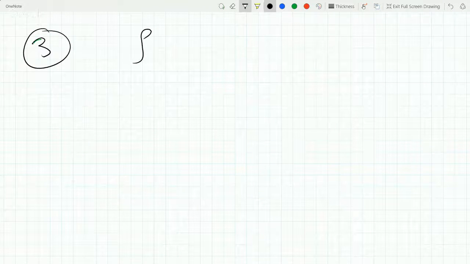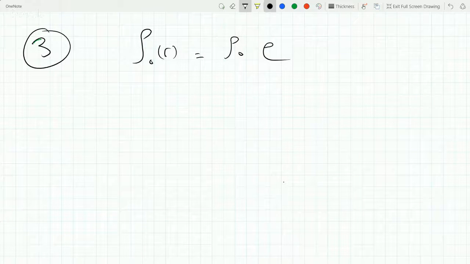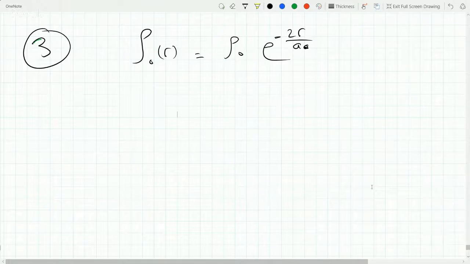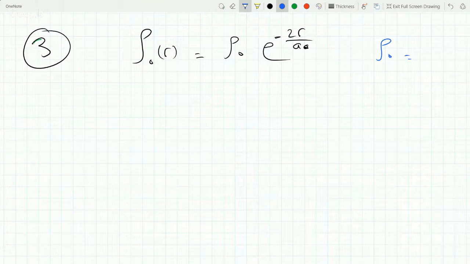So rho of r is equal to rho 0 e to the minus 2r over a0. And a0, like we said, is the Bohr radius. So the first objective here is to figure out what rho 0 is, which is this guy here.